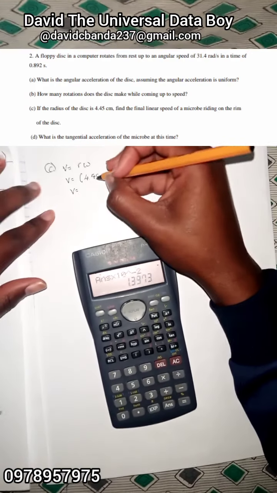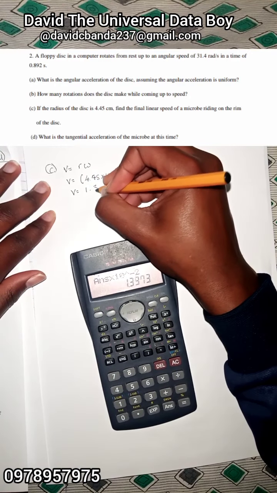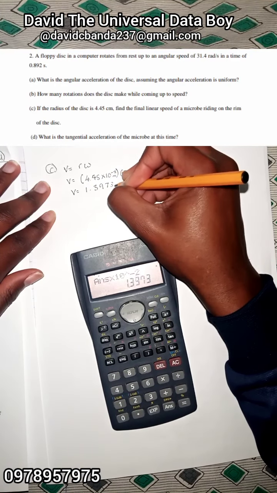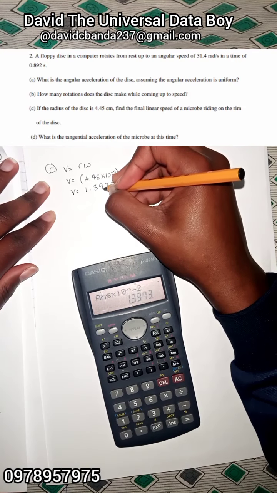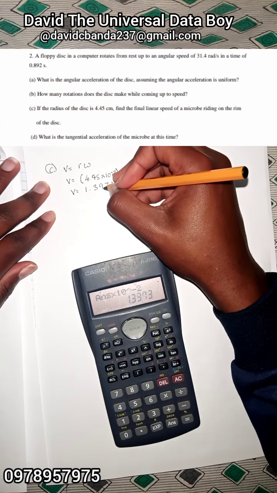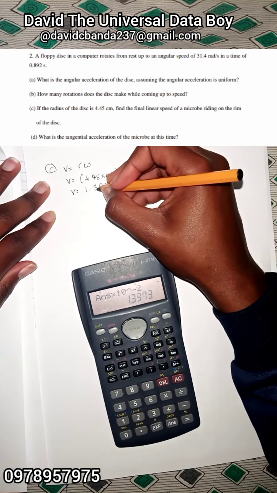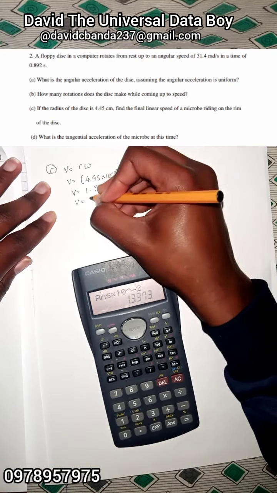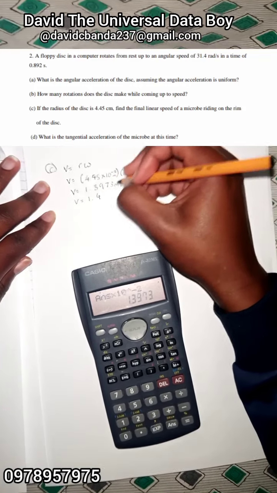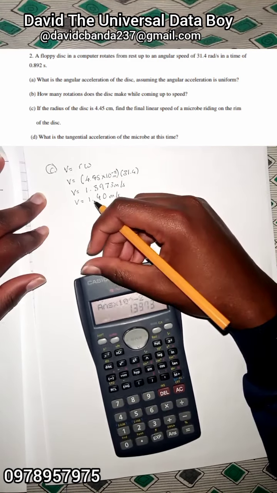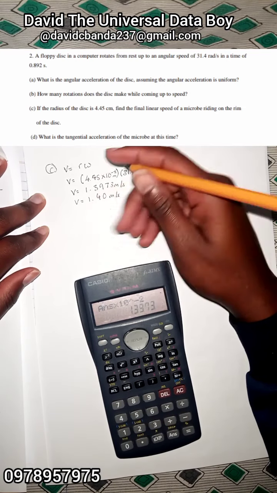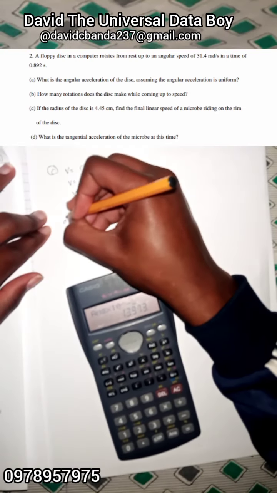That's 1.3973 meters per second. But when you take it to three significant figures, this 9 will change to a 7, then it will be a 10, then it will change the 4, so it will be 1.40 meters per second. Then we are done here. We can go to D.